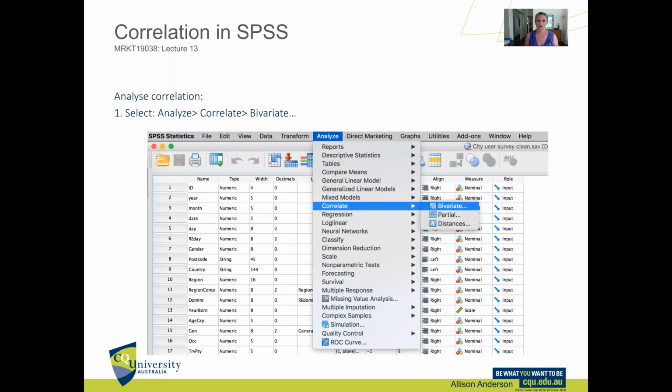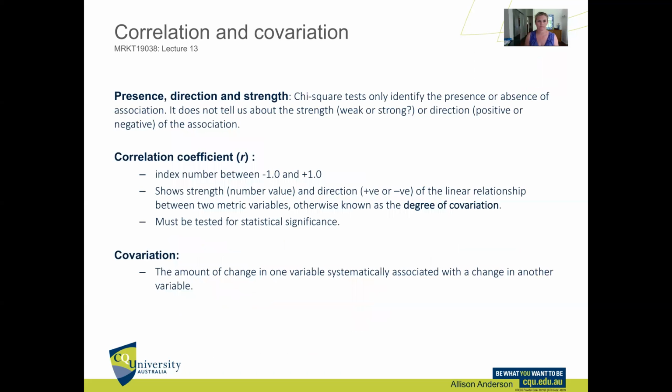So to analyse correlation in SPSS, you select Analyse, Correlate, and you can go to Bivariate. Now, I just want to make it clear here. I think I said it earlier in the lecture, it's important that this is for scales. This is not for nominal data.